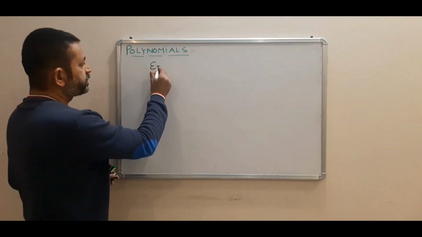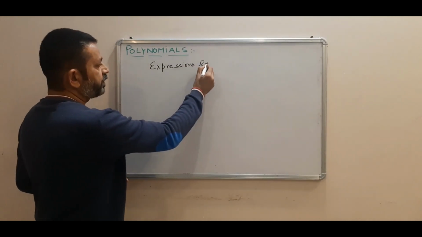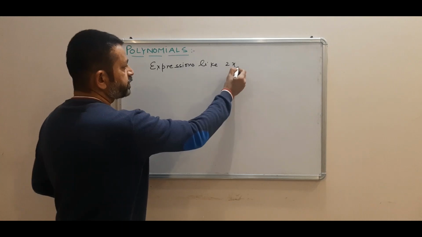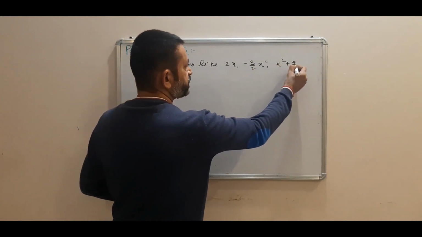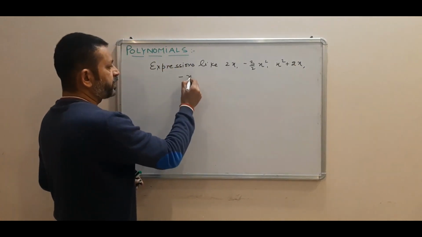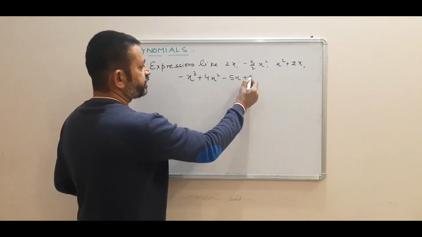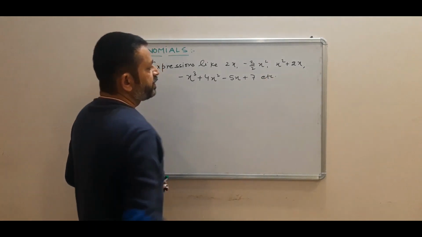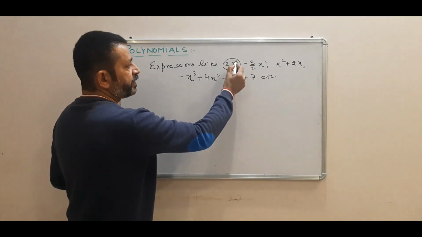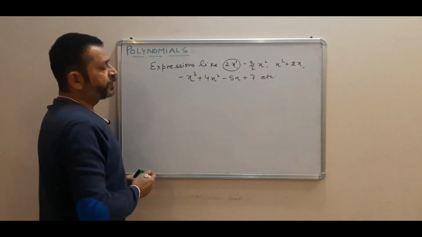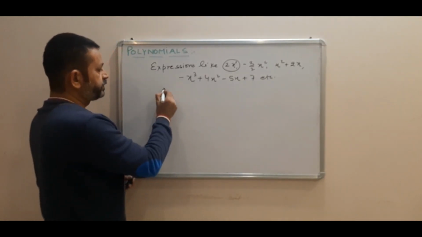Now expressions like 2x, minus 3 by 2 x square, x square plus 2x, minus x cube plus 4x square, minus 5x plus 7, etc. If you look at all these expressions, the powers or the exponents of all the variables are whole numbers, right?